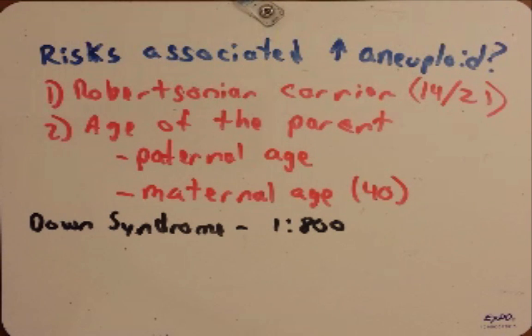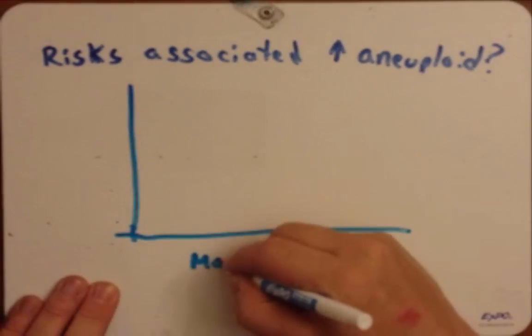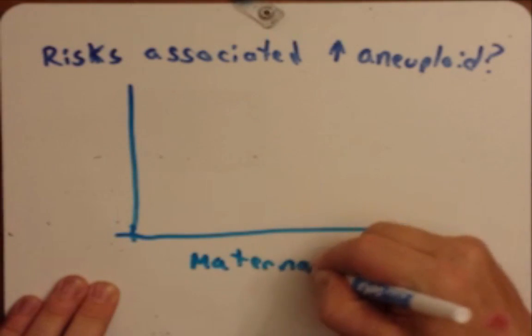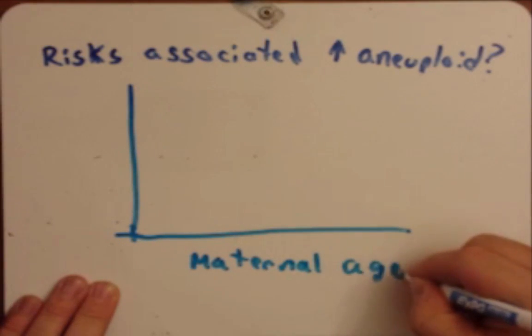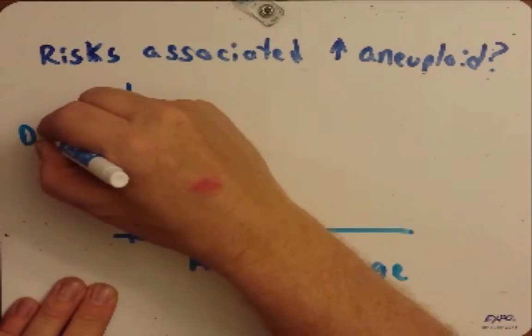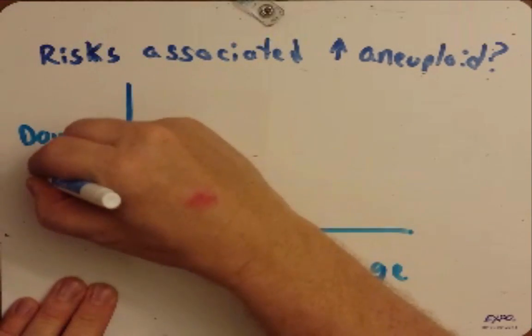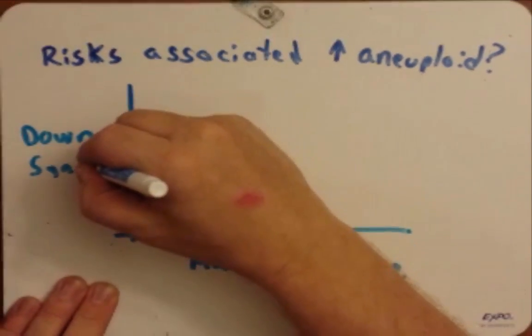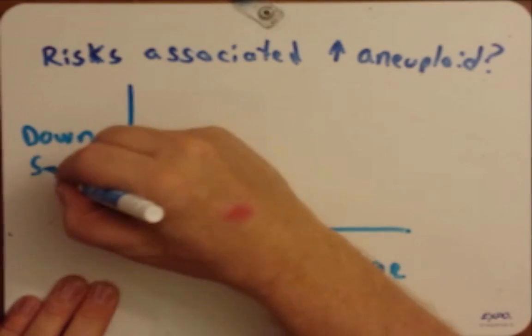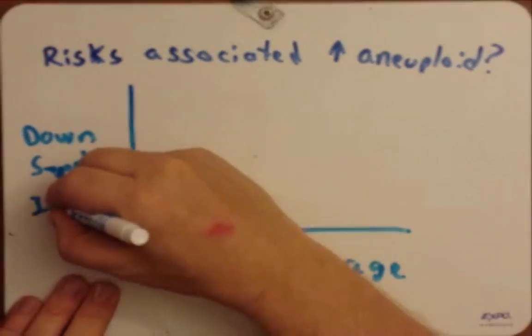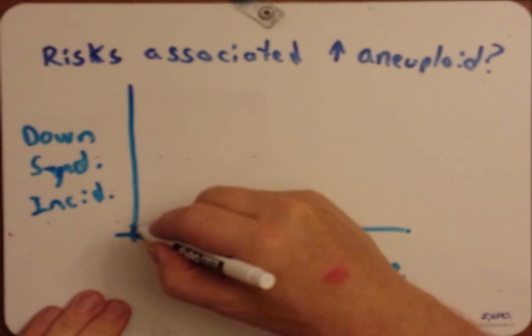I'm going to erase this just so we have a little bit more room to show you this graph. Here we have maternal age. And over here we have Down syndrome incidence. And I'm going to draw this line like so.